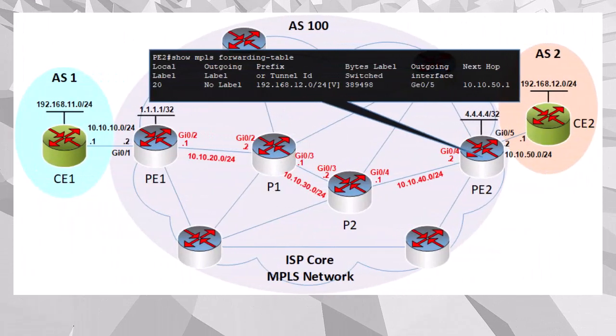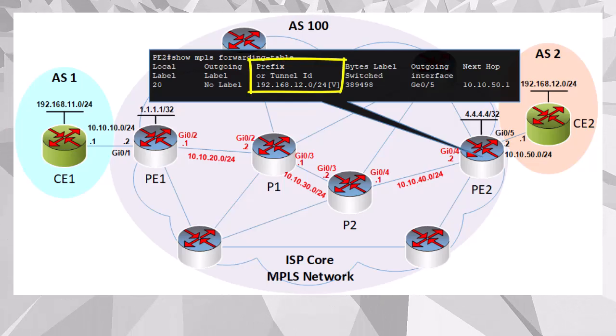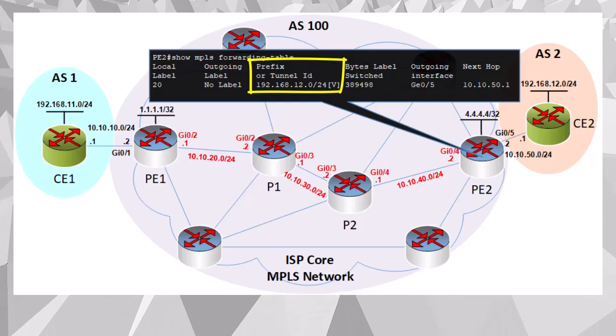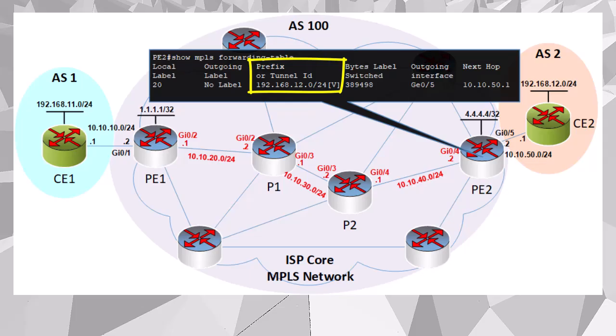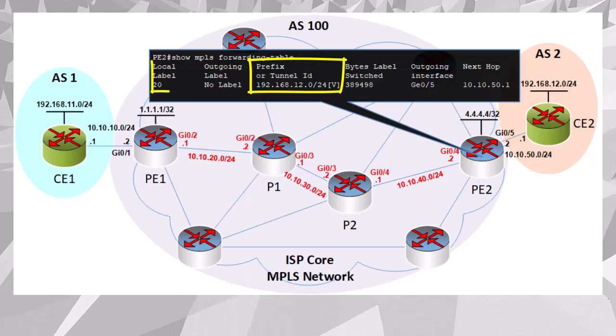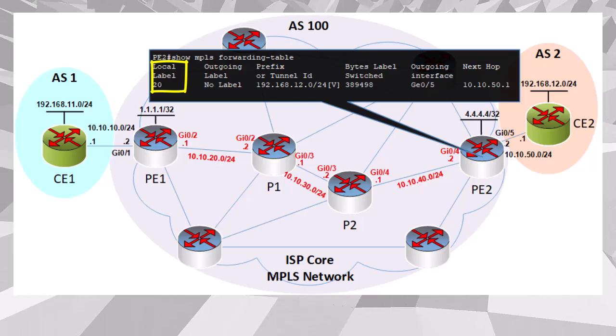Finally, if we take a look at the LFIB of PE2, we see the destination of 192.168.12.0/24, and we see a V indicator here, which shows that this is a VPN route. The VPN label of 20 appears here since the transport label has already been popped.